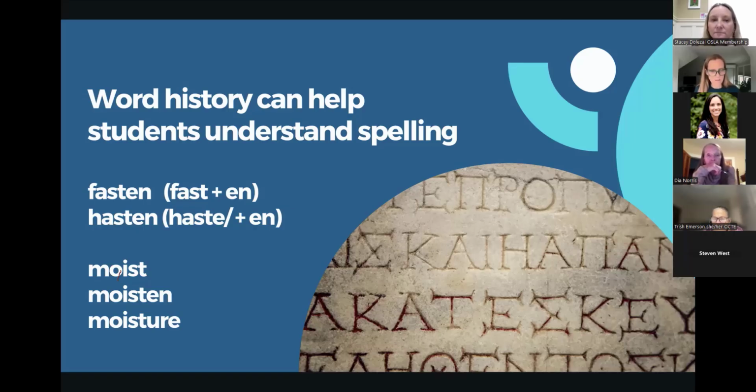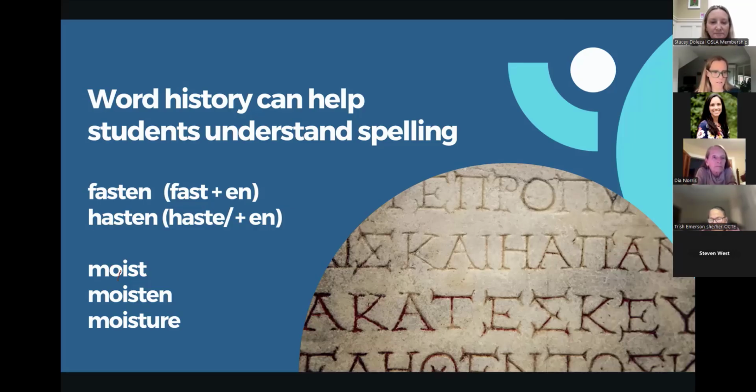So they wouldn't have necessarily understood that this fast meant to secure something. Haste means to do something quickly. Now, why is the A long in haste? Well, there was an E there. It still doesn't follow the silent E rule, because those double consonants would negate that silent E if you know all these rules. But at least it helps us understand why the word is spelled the way it is.